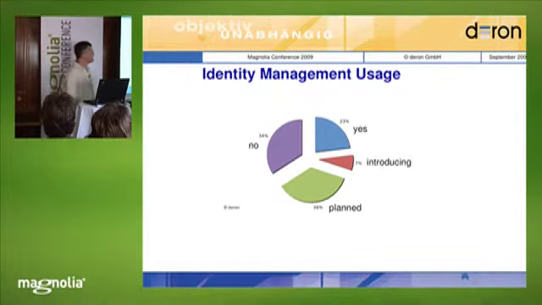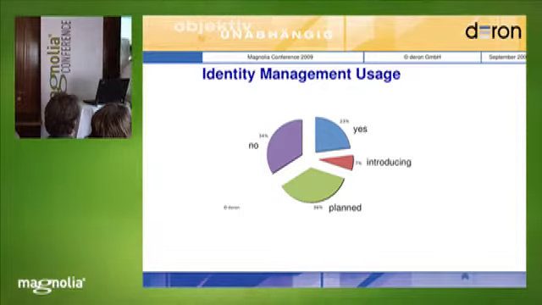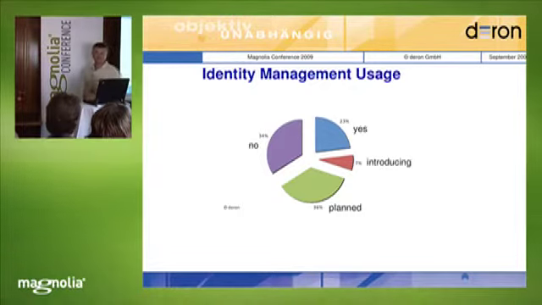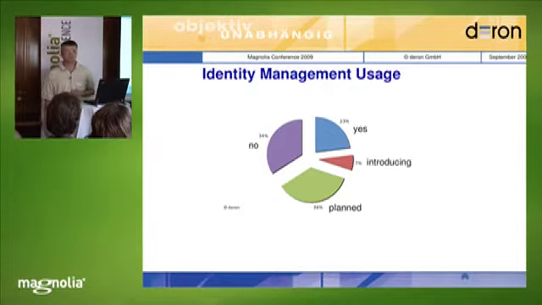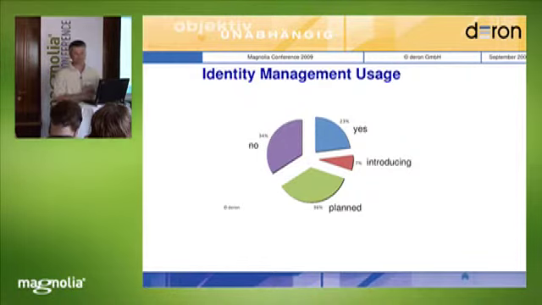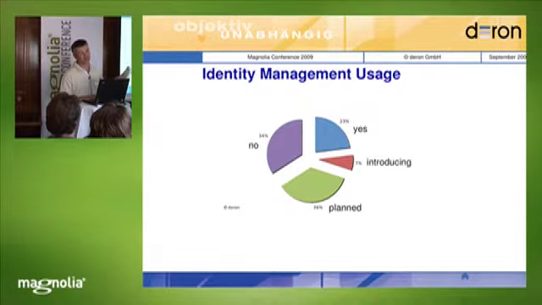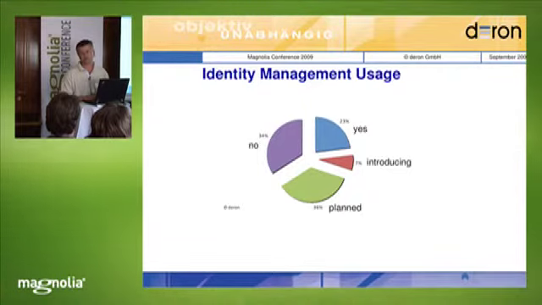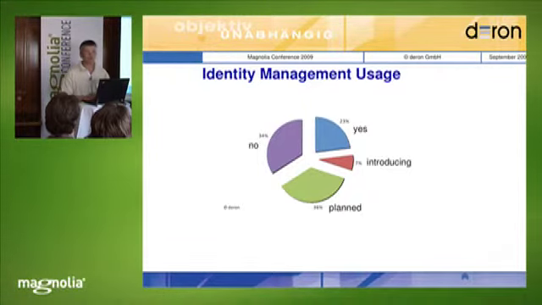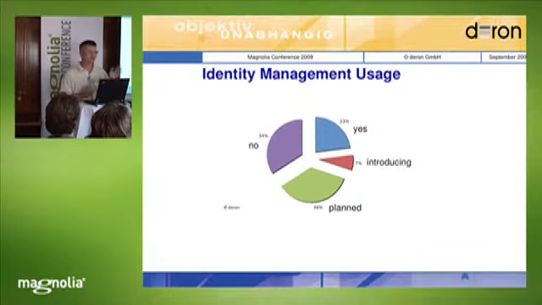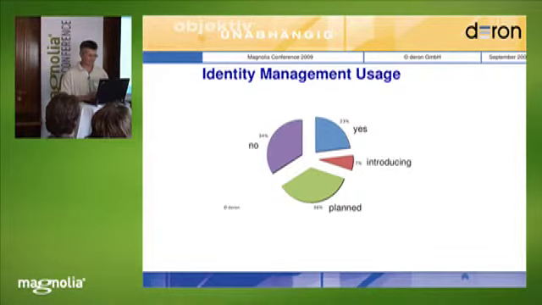So you see, we are talking about something like two-thirds of the industry, at least the larger companies, dealing with identity management. So this was the reason why I thought maybe it's worth talking a bit about identity management and how identity management can fit together with Magnolia.